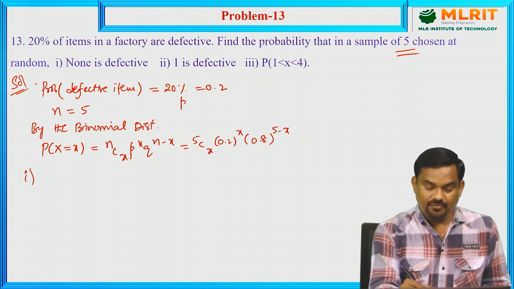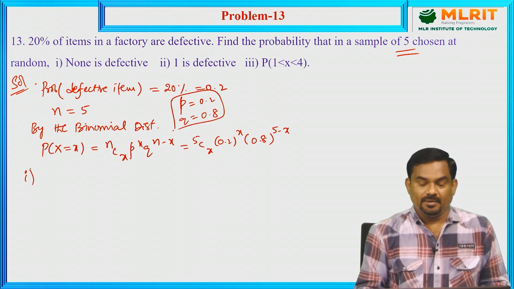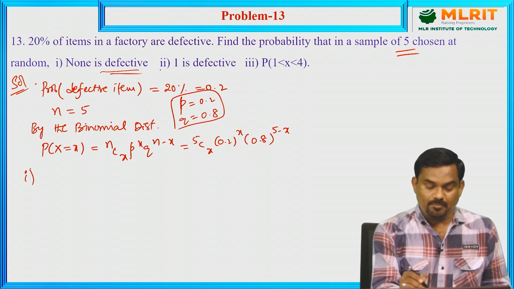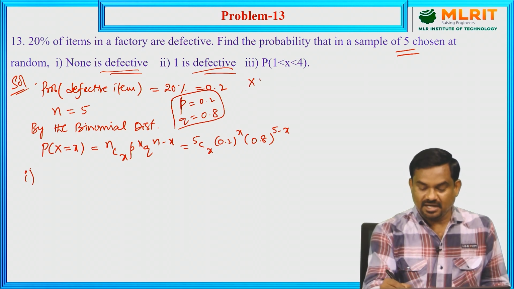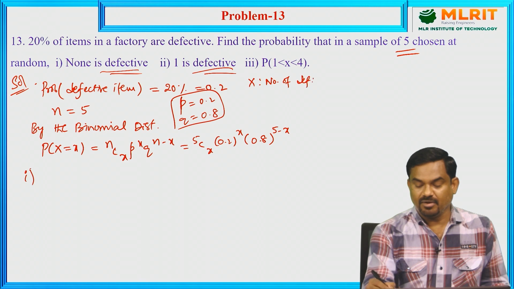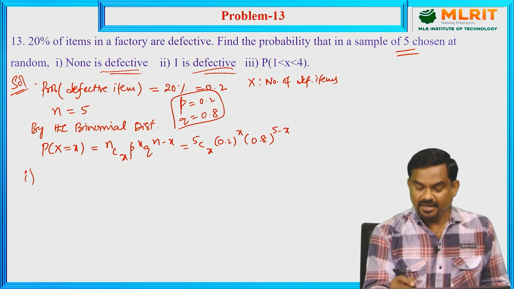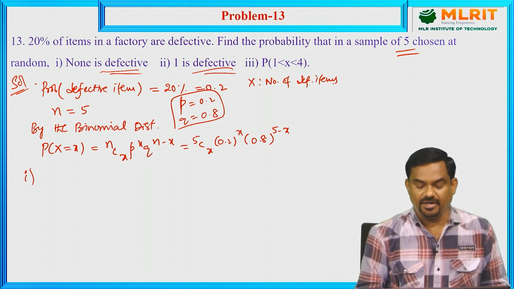So if we consider this small p as 0.2, q will be 0.8. We use these two values because we need to find the probability regarding the defective items only, so we consider x the random variable which denotes the number of defective items. Hence p is the probability of a defective item, 0.2 given.